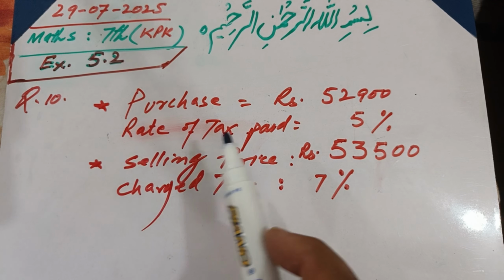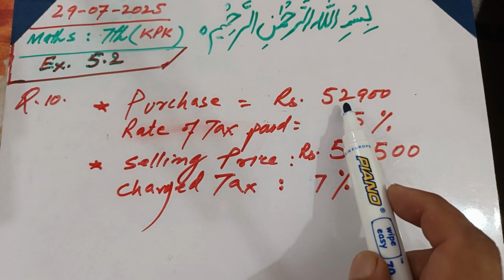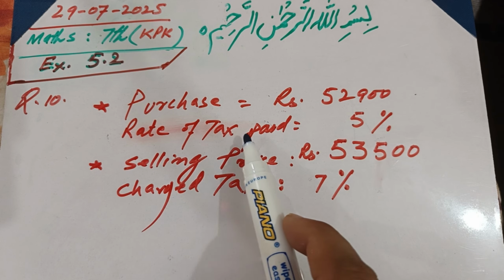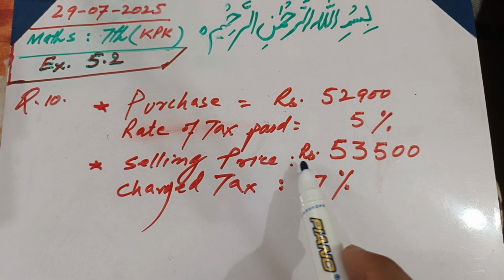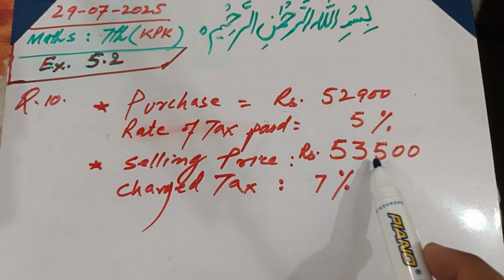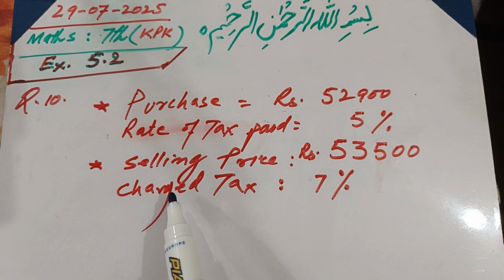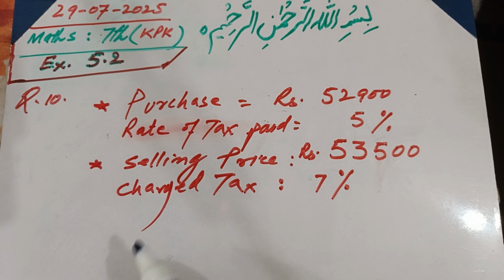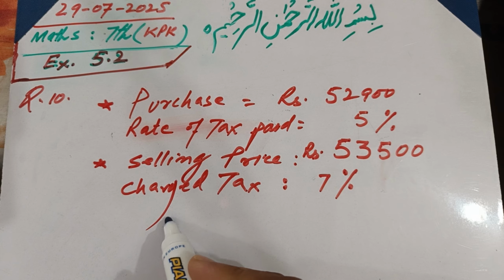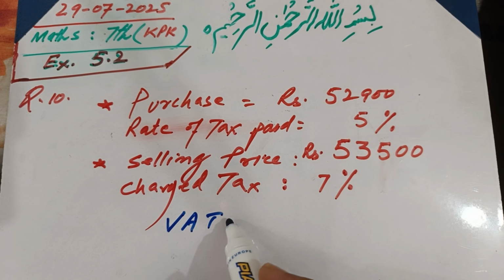This is question number 10. Purchase of motorbike is rupees 52,900. Rate of tax paid 5%. Selling price means he sold the motorbike at rupees 53,500, and at selling time he charged tax of 7%. And we are asked to find VAT, value added tax.